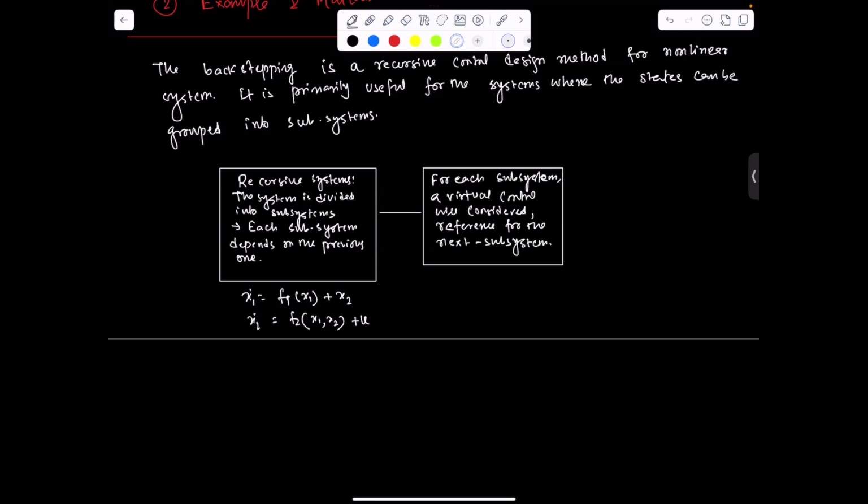It means, suppose for x2, we'll consider some reference signal as a virtual control for x1, and this reference or virtual control will be used in the next subsystem of this system. Okay, then we'll move to the next step.